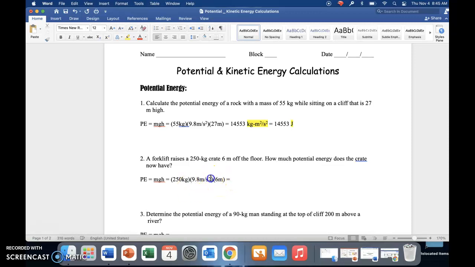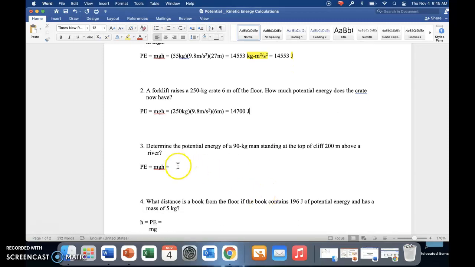So again, very simply, just run the numbers through your calculator. 250 times 9.8 times 6 gives you 14,700. Again, you have your kilograms meter squared per second squared. I'm going to go ahead and just put joules there. Okay, we keep moving on.